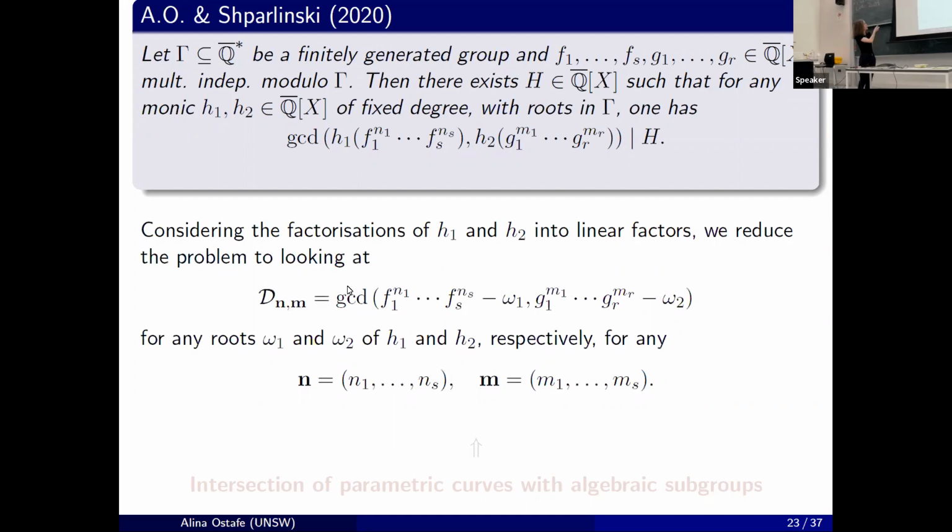And of course, considering the factorization of H1 and H2 into linear factors, one reduces the problem to looking at such GCDs, where omega 1 and omega 2 belong to gamma, since the roots of these two polynomials are in gamma. So we reduce the problem to looking at such GCDs.